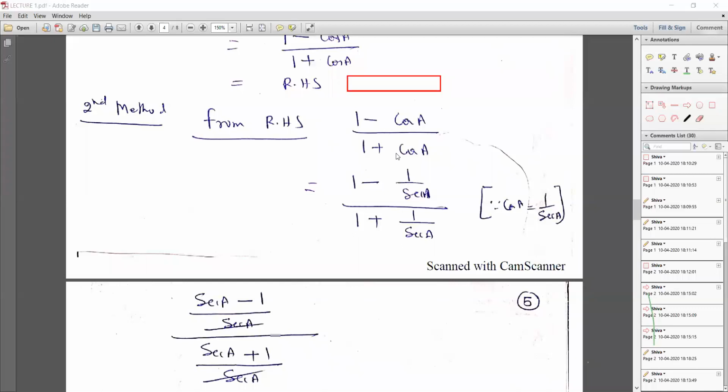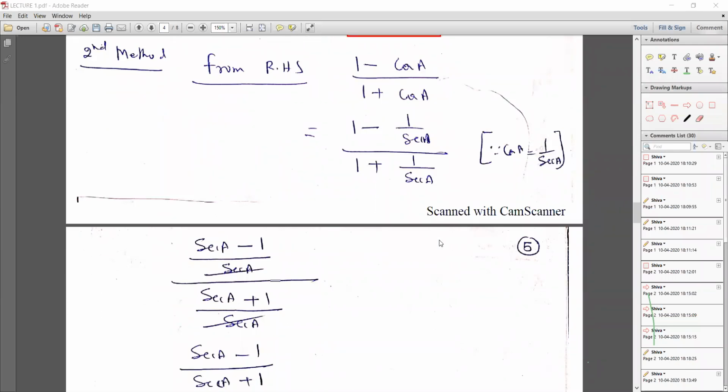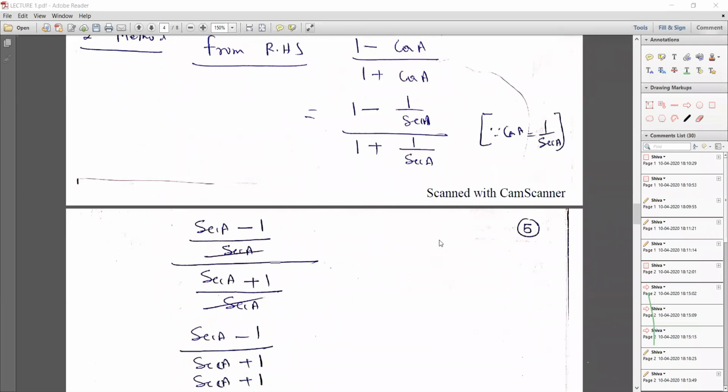And cos a can be written as 1 upon sec a. So I have written in place of cos a, 1 upon sec a, both in numerator and denominator. When you solve, you will get sec a minus 1 upon sec a upon sec a plus 1 upon sec a. And sec a will be cancelled. So you will get the result as sec a minus 1 upon sec a plus 1.